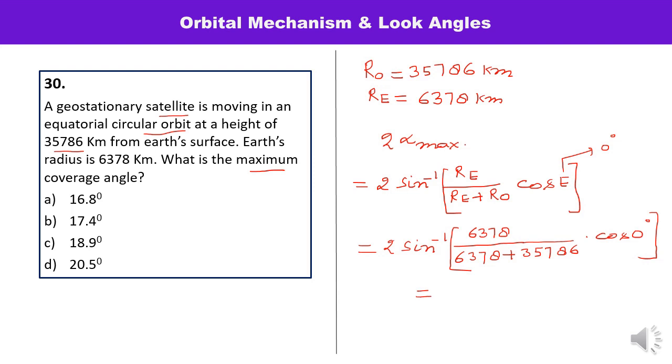So when you simplify this term, you will be getting it as 17.4 degree. You can verify the calculation by solving this. And now let us check 17.4 degree. This is the option B, which is the correct one. Let us check. Yes, this is the correct option.